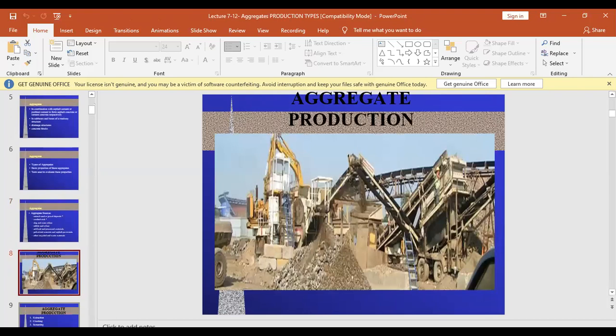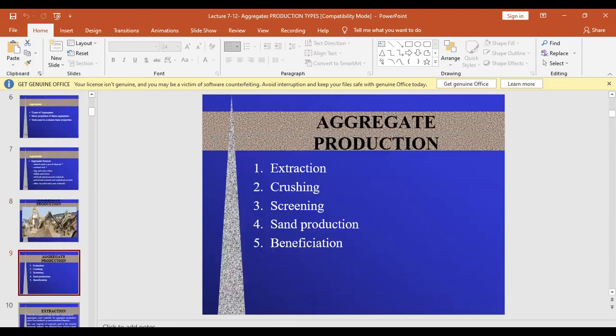Now, let's have a brief on how aggregates are produced, because this production rate also determines the time lag of your project. A person has to know the basics of how these aggregates are produced, even though they are very trivial and an open fact, but you must still have knowledge of how rocks are processed from rock to finished material.